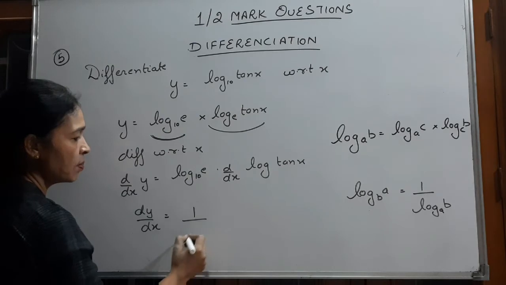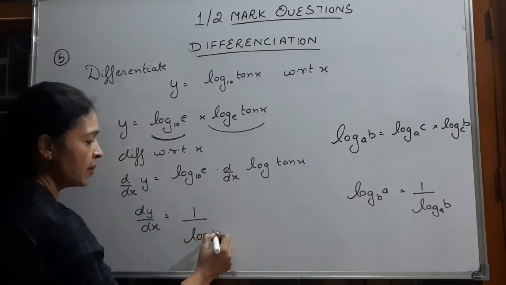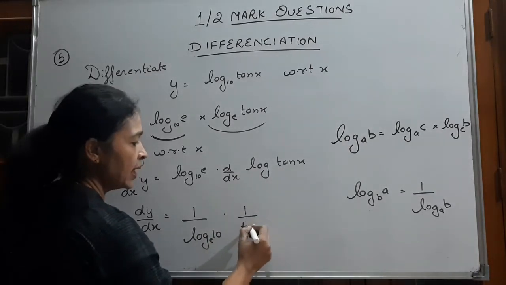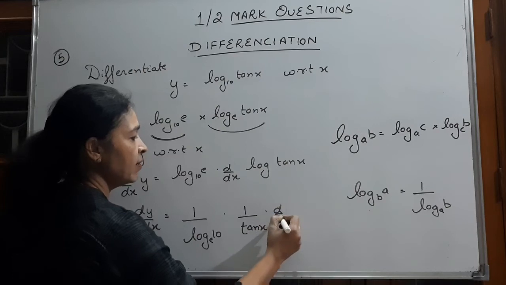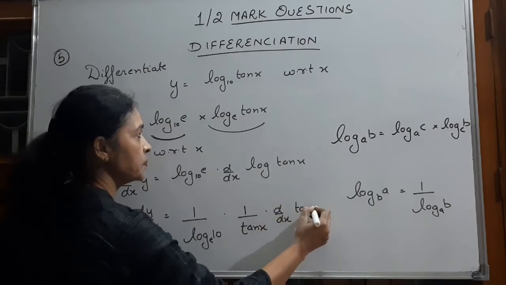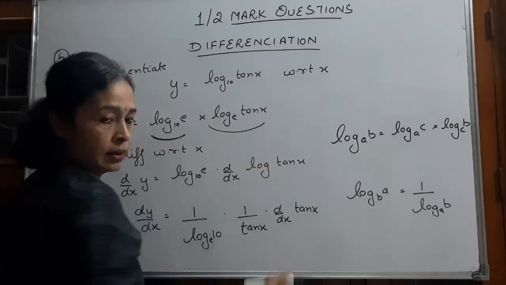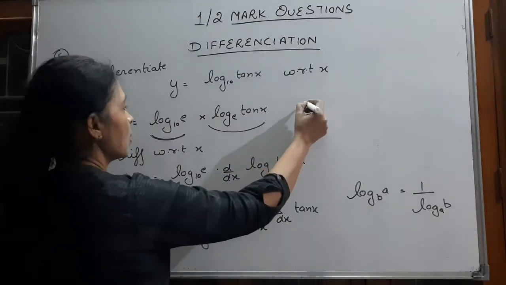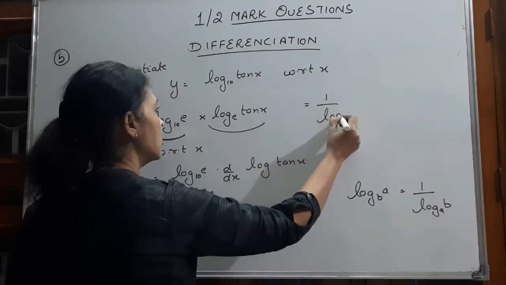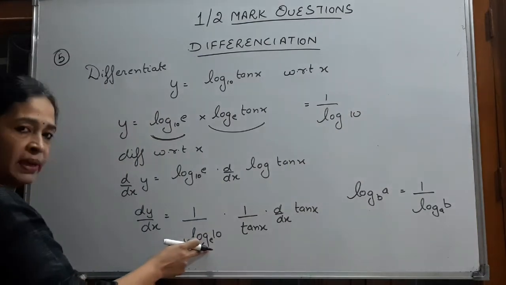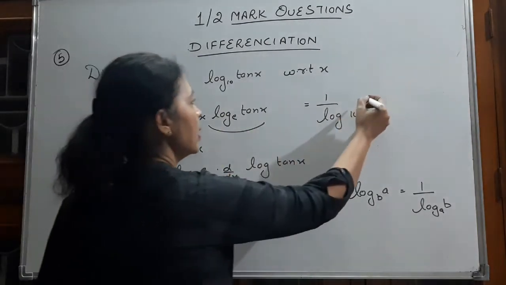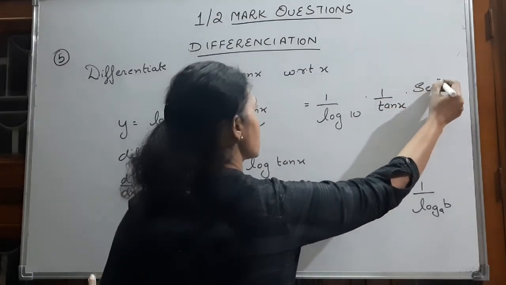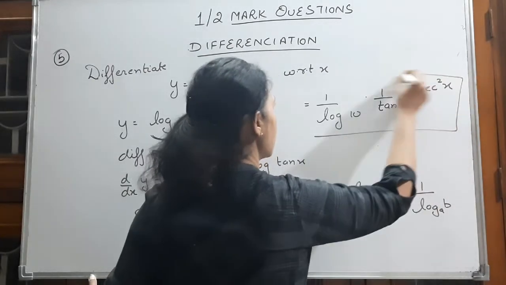We can write it as 1 upon log 10 to the base e into the derivative of log 10x, 1 upon 10x into the derivative of 10x. Please pause the video and note it down. We have 1 upon log 10, log 10 to the base e, into 1 upon 10x into the derivative of 10x, which is sec square x. This is our final answer.